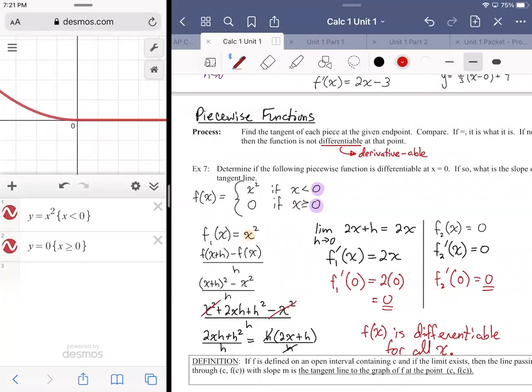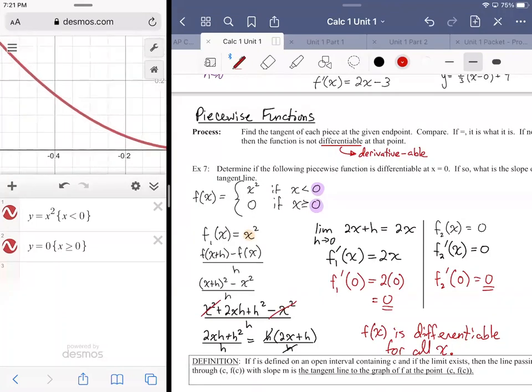Now, all we'd have to do is look at our derivatives and see what's going on there. All right. So since the slope for the left piece at 0 is the same as the slope for the right piece at 0, there is no contradiction in slope. There will never be a contradiction within a smooth continuous function unless it comes to a point.